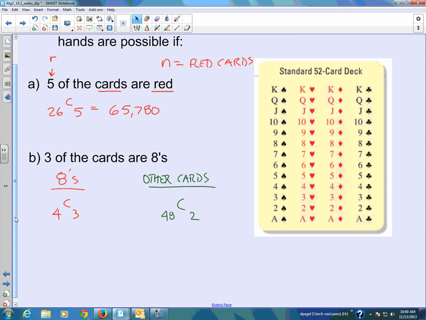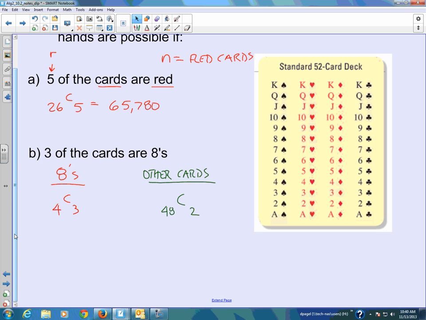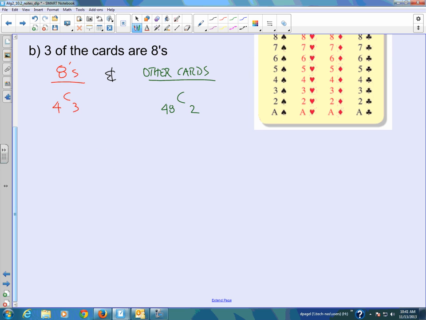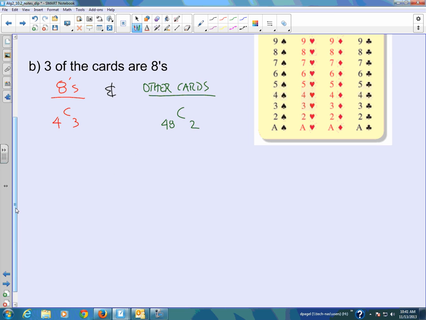Now, it might be worth mentioning here, it doesn't state "and," but it's understood. I have to have 3 cards that are 8s, and I need to have 2 more cards. So this really is an and problem. We saw one of those back with our fiction, nonfiction books. So it becomes a 4C3, and then we're going to multiply this by a 48C2.